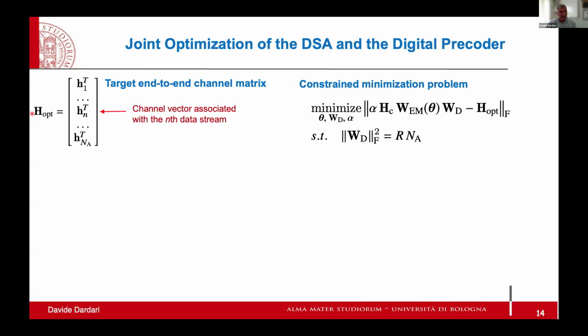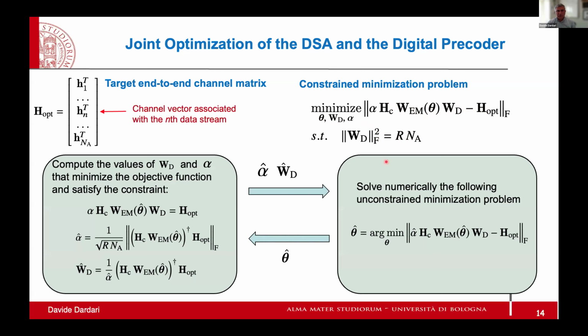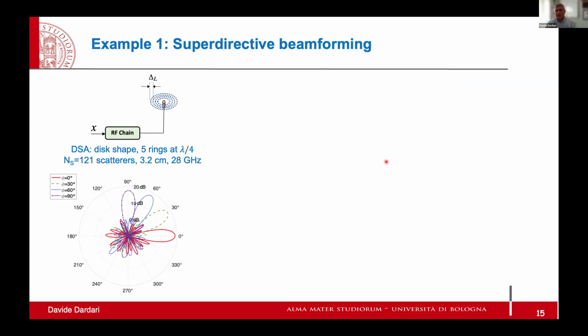We collect all these desired responses in this matrix. At the end, the problem is to find theta and the digital processing W_D in such a way that the total end-to-end channel gets close to H_opt, with a constraint on the power, basically. I'll skip the details of the optimization. This is not a simple optimization problem. It can be solved, for instance, using an alternating approach, but due to the lack of time, I skip this.